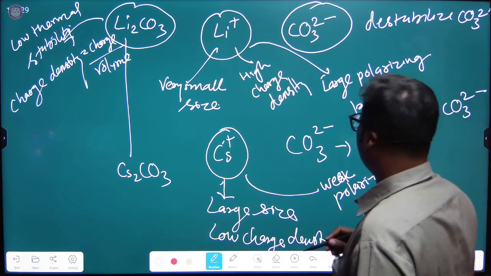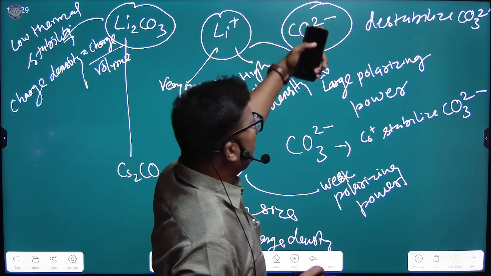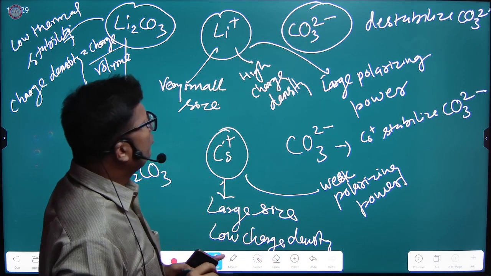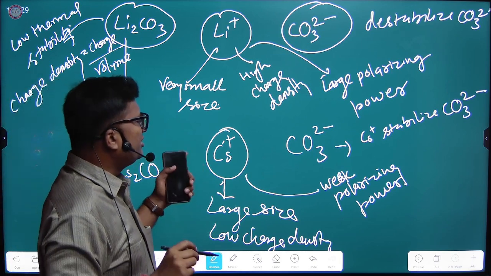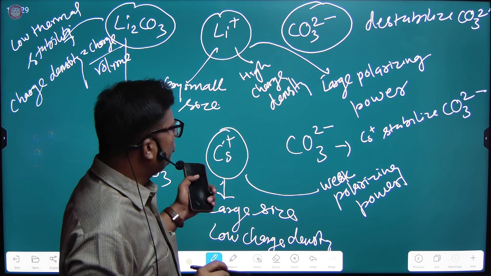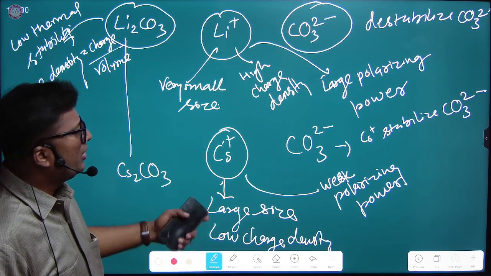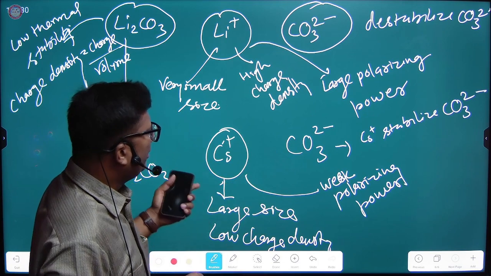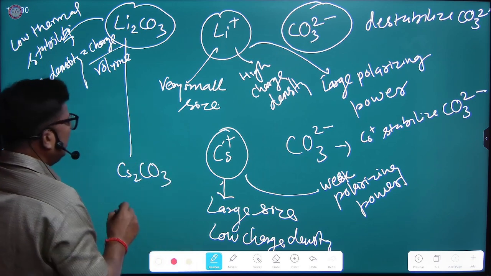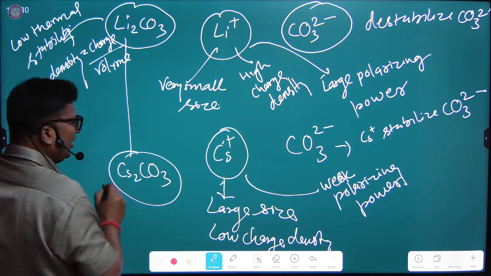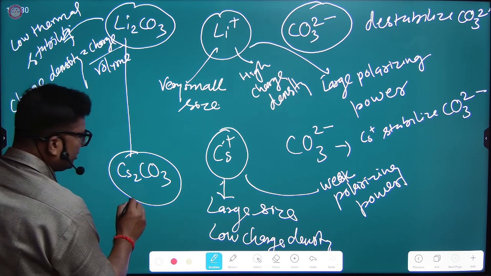Because of its small size, according to Fajan's rule, lithium plus destabilizes the carbonate ion, resulting in a poor tendency of stability, and cesium plus, large in size, stabilizes the carbonate ion, meaning there is identity of the carbonate ion structure and identity of cesium as a cesium cation. So in this case we have cesium cation, Cs plus, and carbonate 2 minus.